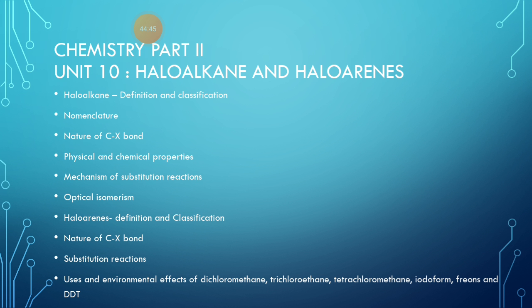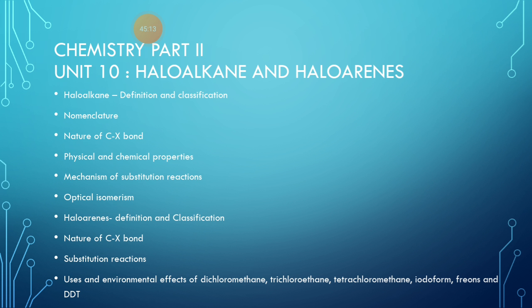So the first topic is haloalkanes and haloarenes. These are carbon compounds which contain halogen. They are called haloalkanes and haloarenes. We are going to learn about the definition and classification of haloalkanes, then the nomenclature of haloalkanes, then the nature of the carbon-halogen bond, what kind of bond it is.